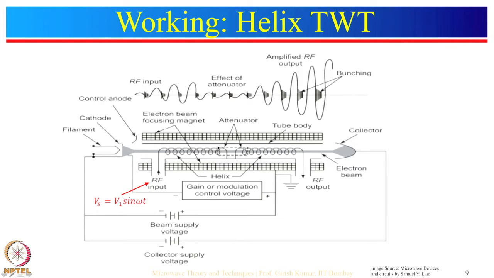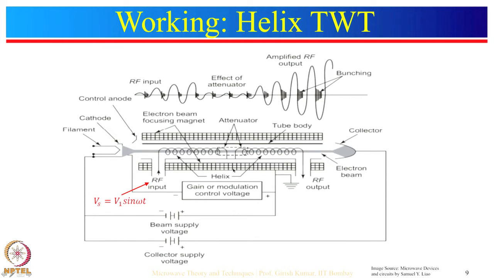At the center of this helix there is an attenuator which is placed to attenuate the reflected waves, and there is a permanent magnet present all around this tube which is used to provide magnetic field to hold the electron beams. So, these are the components present in this helix travelling wave tubes.